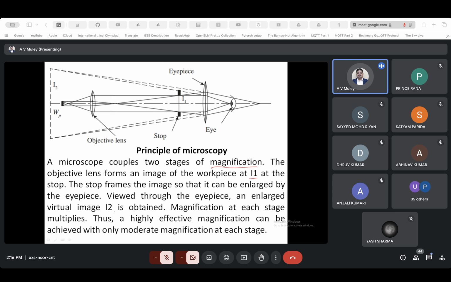So we are magnifying things. Initially the workpiece is over here, then you have the objective lens, then another one, and you are getting a large magnification at this particular location. So this is the concept of a microscope basically.